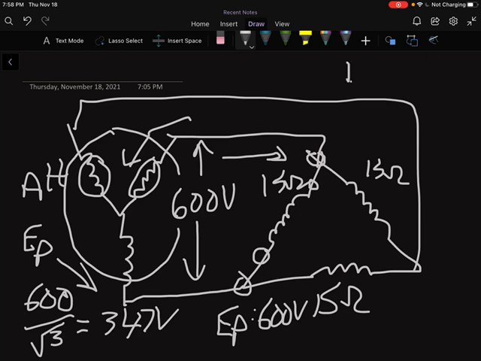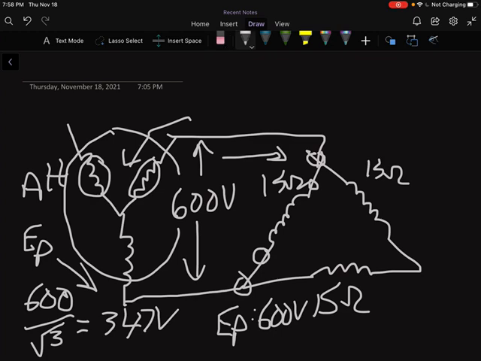Using Ohm's law, we know that I is equal to E divided by R. So we have 600 volts divided by 15 ohms.